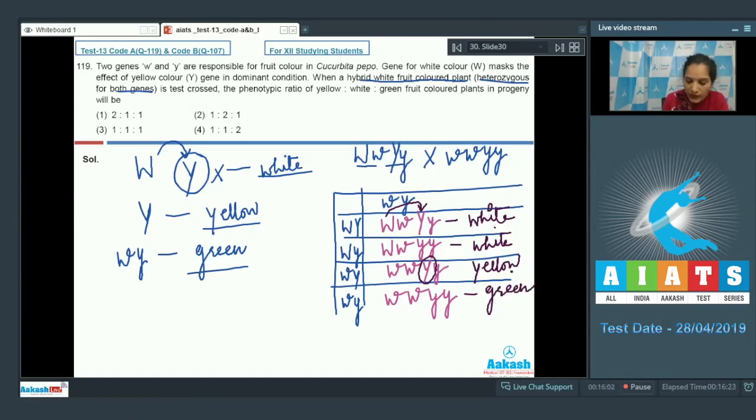So 2 white, 1 yellow and 1 green. So yellow 1, white 2 and green 1. So 1:2:1. So the correct option for the given question is option number 2. Let's move to the next question.